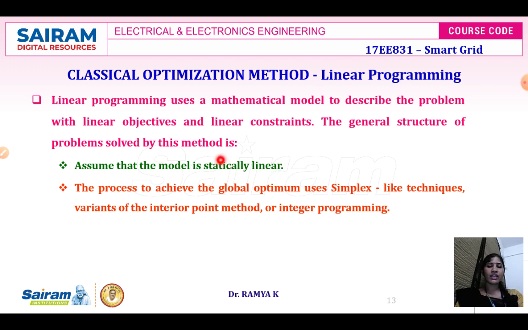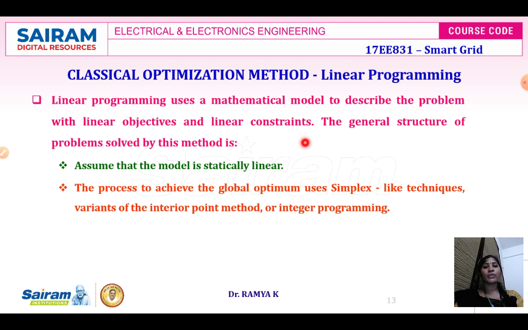Though the system may have non-linearity, we have to assume the system model is linear, and it is going to achieve a global optimum. Global optimum performance is achieved by using simplex techniques, the interior point method, or the integer method. The process used to attain this global optimum uses the simplex method, and the methods we use are applicable to problems involving linear objective functions and linear constraints.